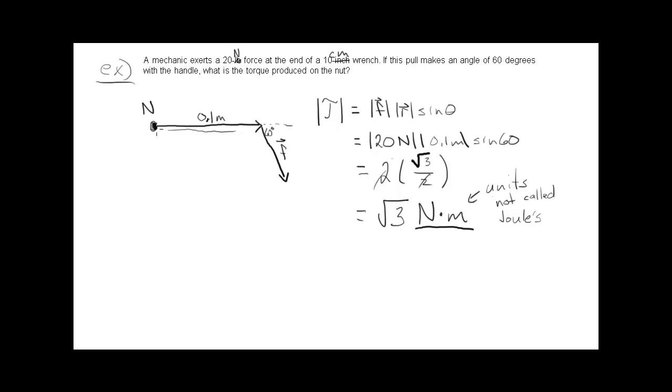So the direction, based on the way I drew it, is into the page or into the screen. If I had drawn it this way, then it would be up, but that's the way I drew it. Okay, so that's a simple, quick example for torque.